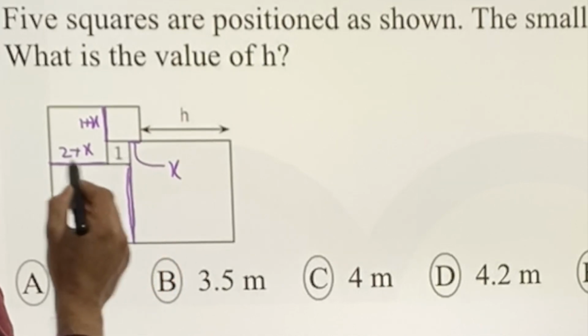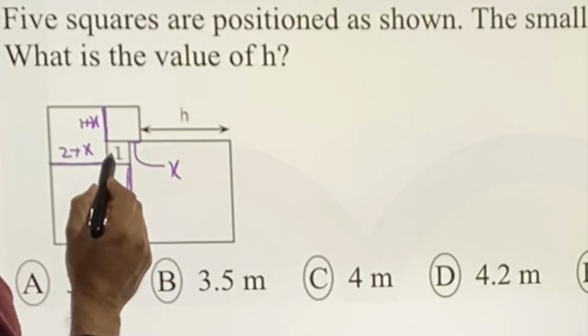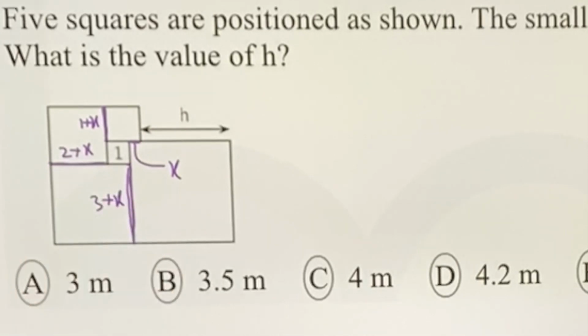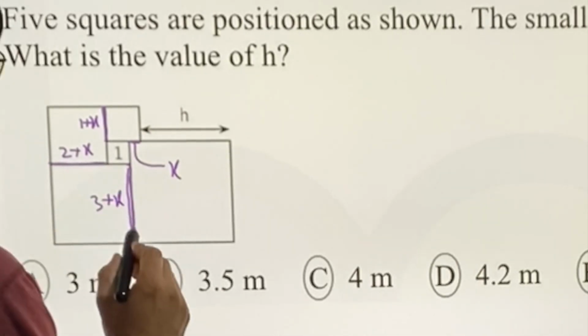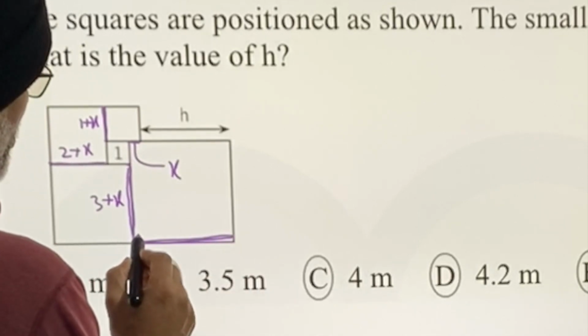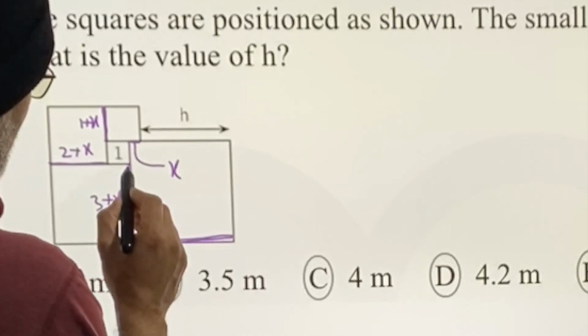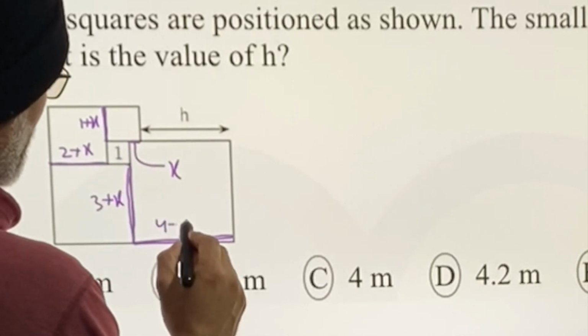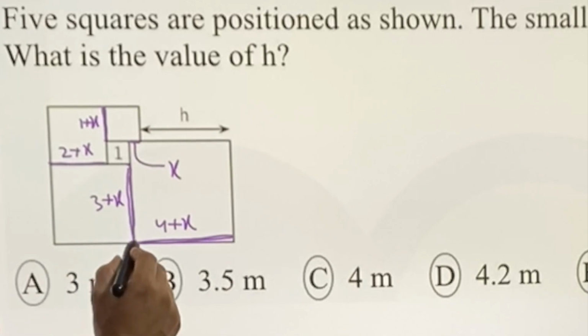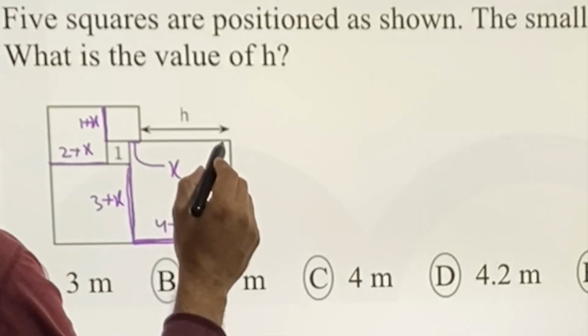This length is the same as this length, but this is 2 plus x plus 1, so this will be 3 plus x. All right, now what will be this length? This is a square too, so this is the same as this 3 plus x plus 1, so there is 4 plus x, right? But this length is also the same as this length, right?